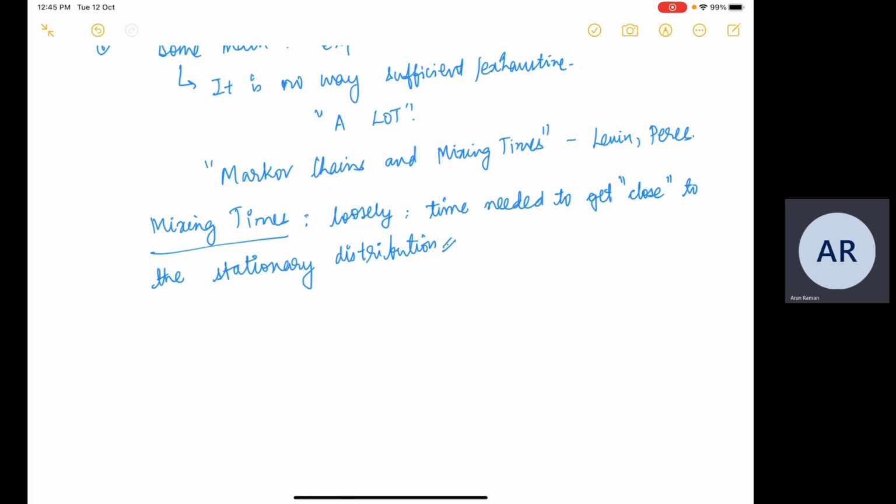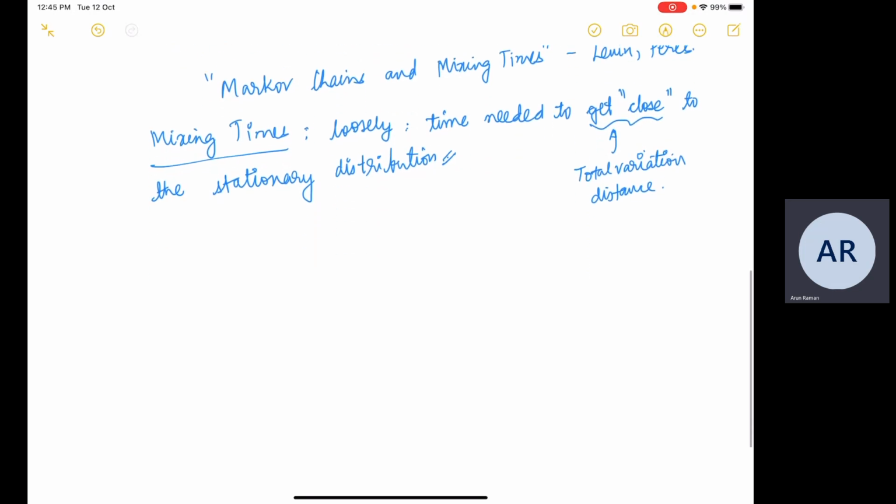Okay. So the get close parameter is also defined. They define something called the total variation distance. I will not go into the details, but because we have started talking about it, if we have to draw an analogy, just for the sake of it, it is like spectral norm for probability distributions, but it is not exactly.